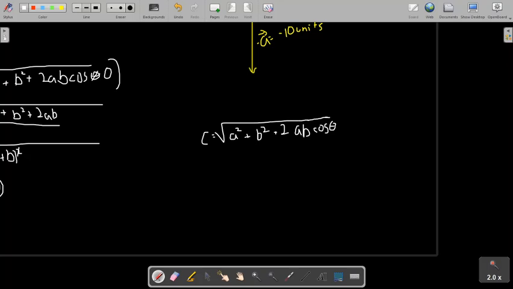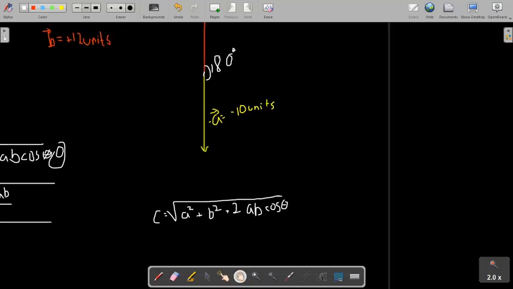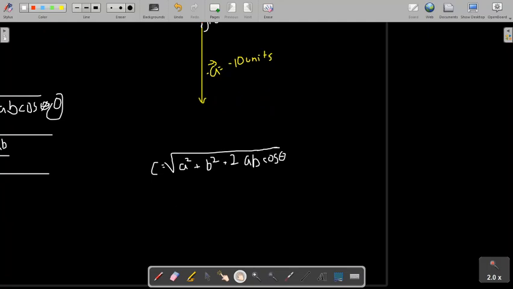In the earlier case it was 0, and in this case it is 180. So what is the cosine of 180? We know from basic trigonometry that the cosine of 180 degrees is -1. So when we multiply 2ab by -1, we get -2ab.